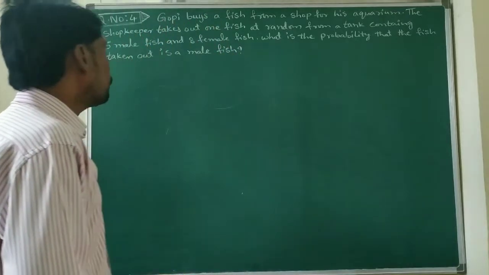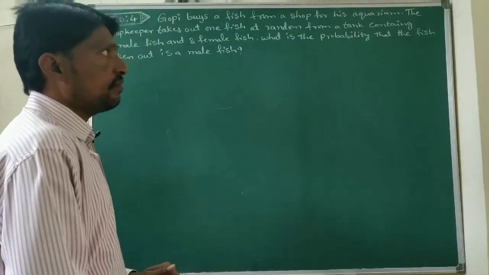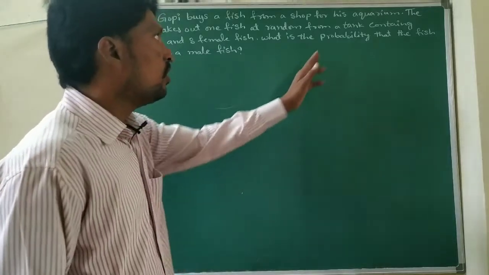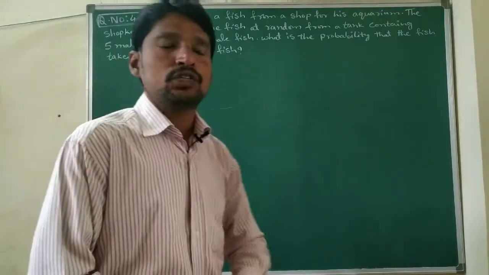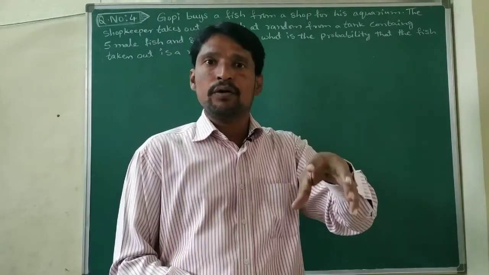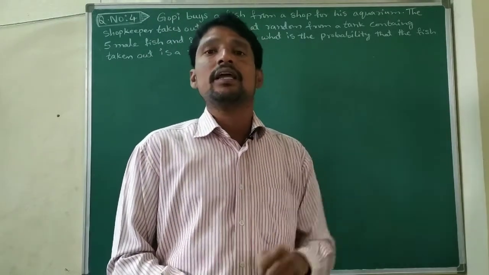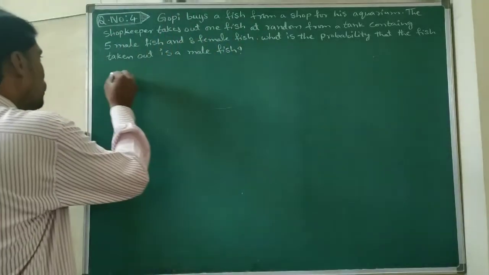So here 5 male fish and 8 female fish are given. So we need to find the probability of taking out one fish and getting a male fish. So here see the solution.